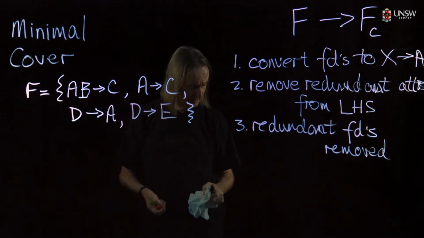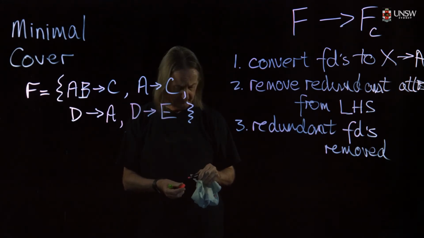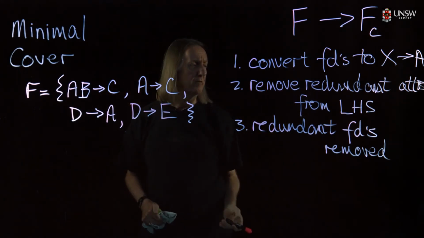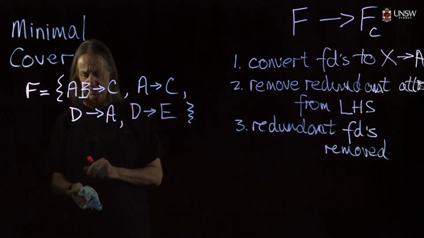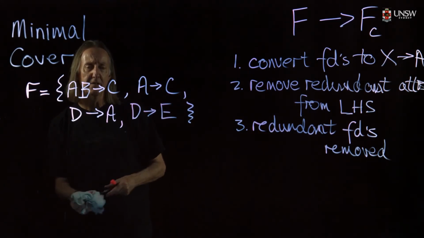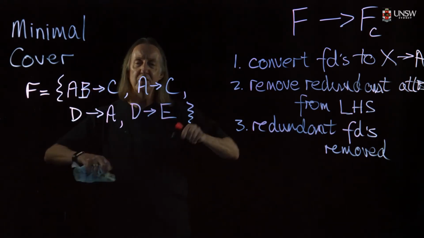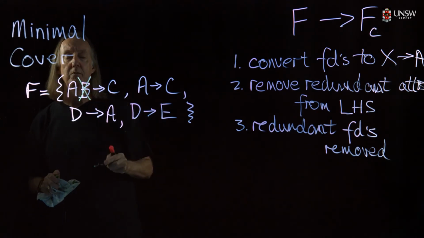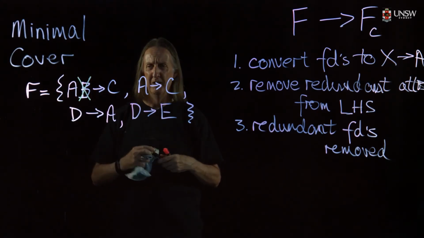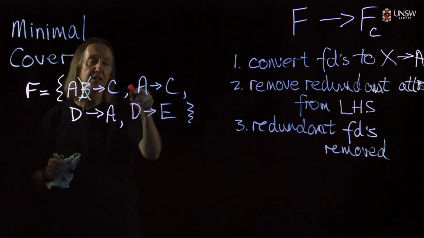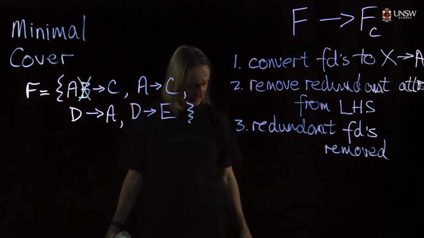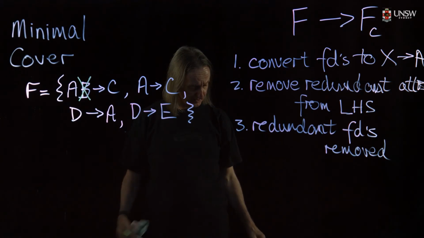We saw that in the previous example. Okay, next thing to do, start removing redundant attributes from the left-hand side. There's not many choices there, but certainly we saw before that that was a redundant attribute. So AB determines C, but A by itself determines C, so we don't need B. That's the sense in which it's redundant.